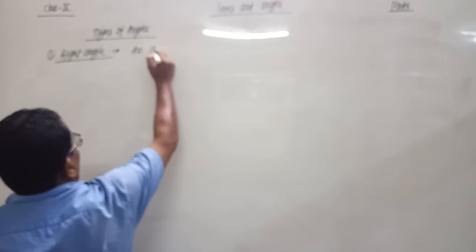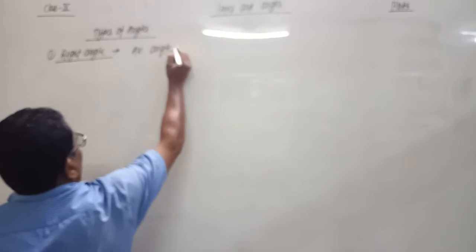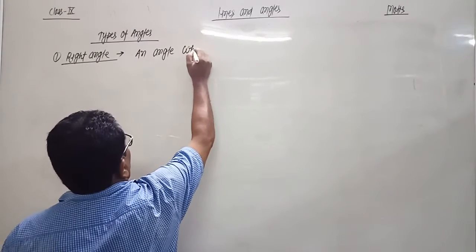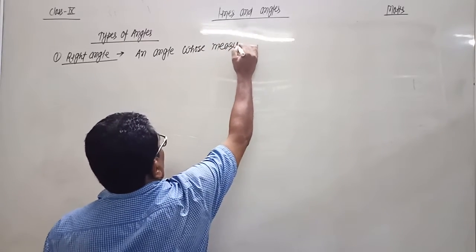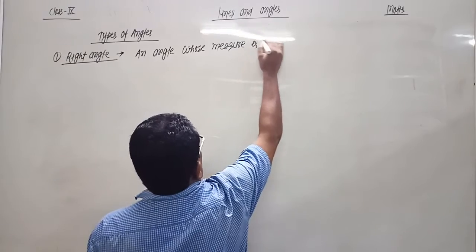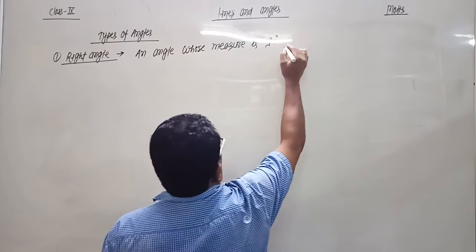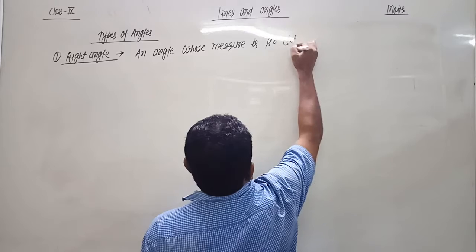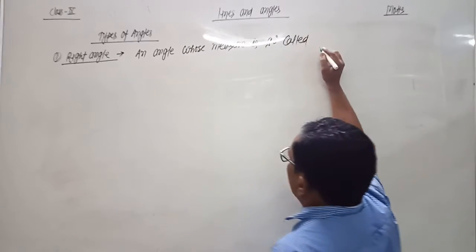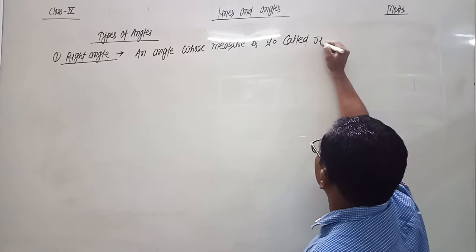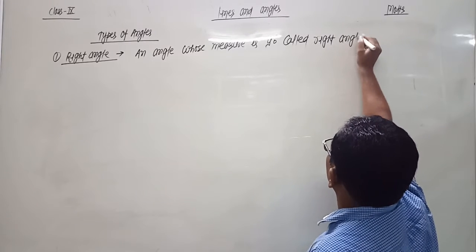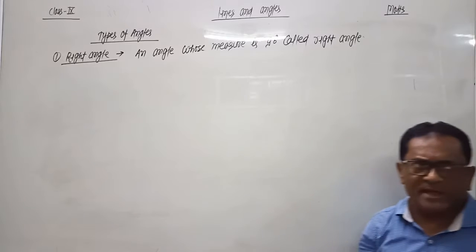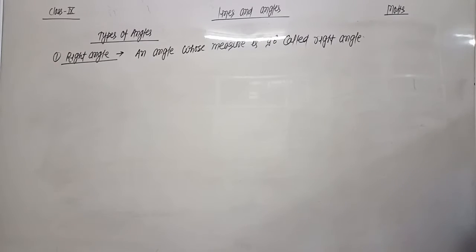An angle whose measure is 90 degrees, or a 90 degree angle, is called a right angle.